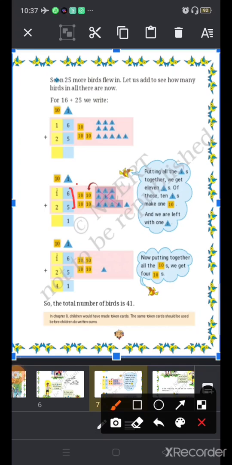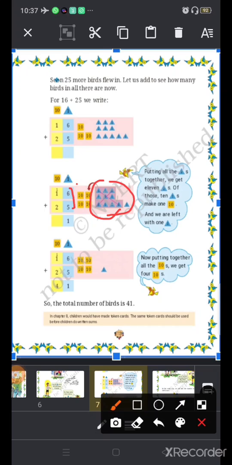So look here, these cards, how many cards are here? 11 blue cards are here. So if 11 blue cards are here, 10 blue cards make one yellow card, isn't it?